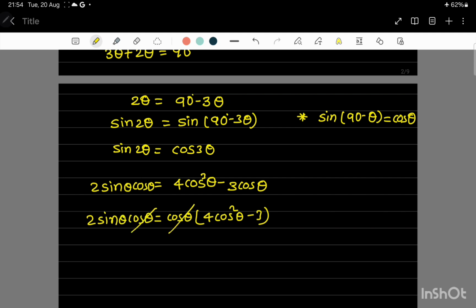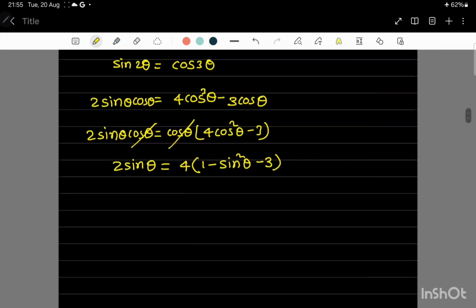So cos theta is cancelled. So we can write here 2 sin theta is equal to 4 into, convert into sin square form. So how to convert? Cos square theta equals, we know, 1 minus sin square theta. This is an identity. And then we can write here minus 3.